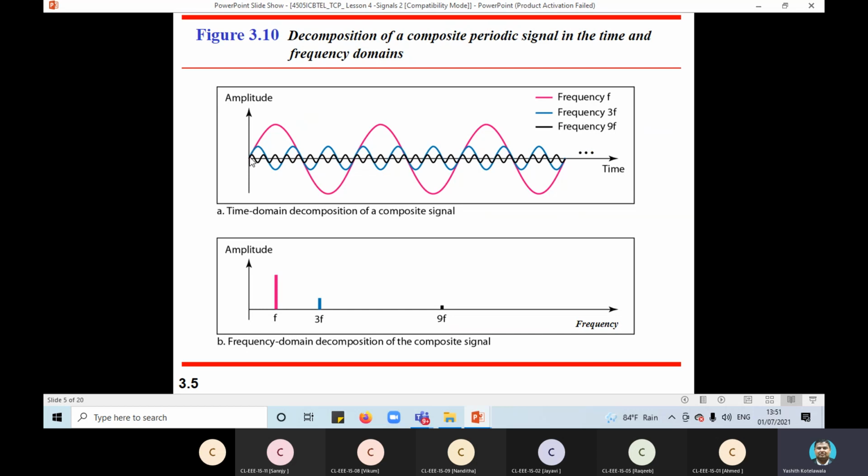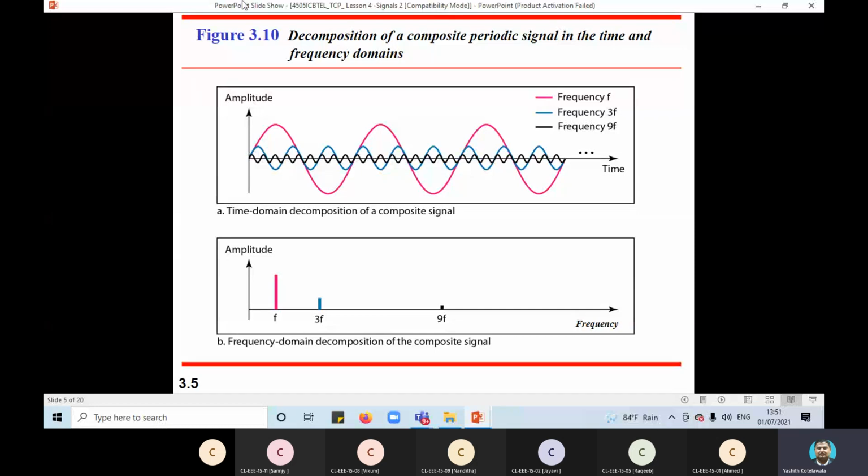Inside that one cycle, let me count: one cycle, the second cycle, and the third cycle of the blue wave. So within one period of the main signal f, you get 3 cycles of the blue color signal.